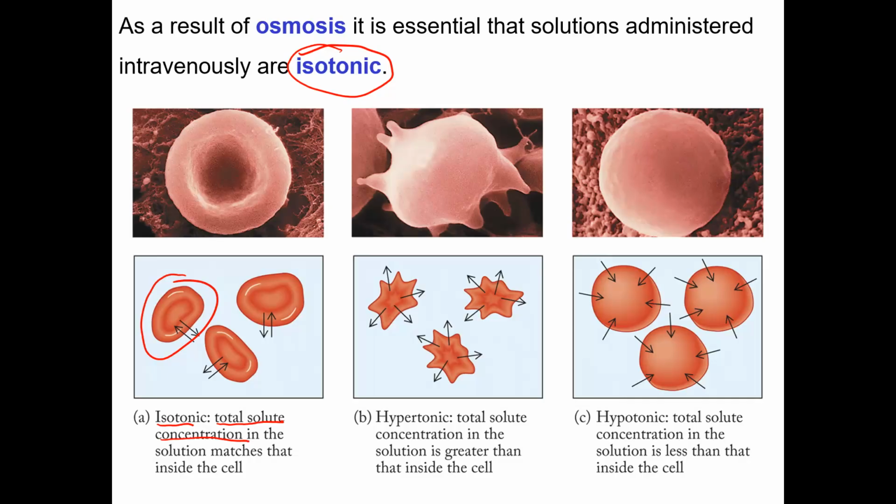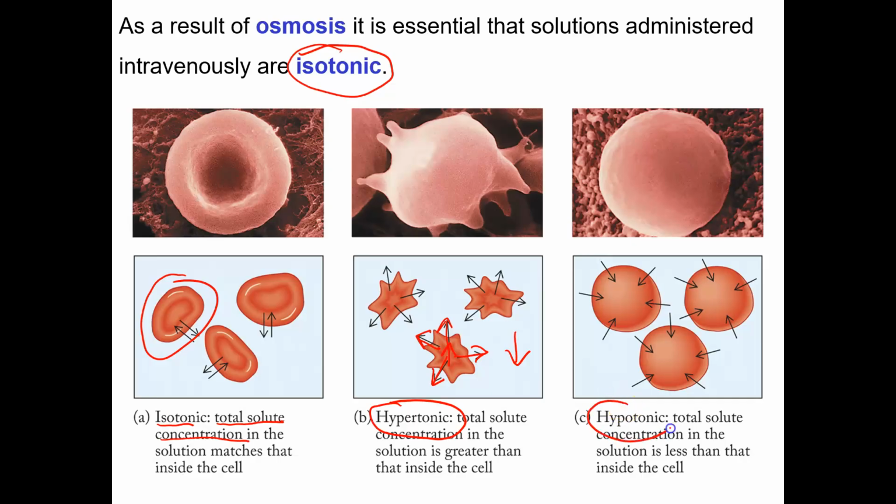However, if we put our cells into a hypertonic solution, where the concentration outside the cell is really high, then water will rush out of the cell across the semipermeable membrane to try to lower the concentration outside and raise the concentration within the cell until they are matching, and you end up basically dehydrating your cell.